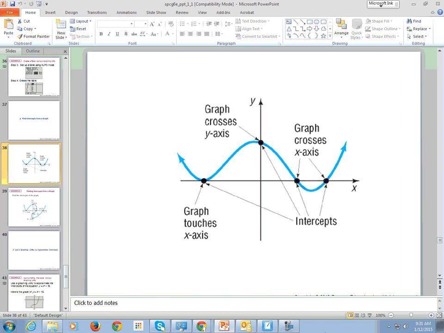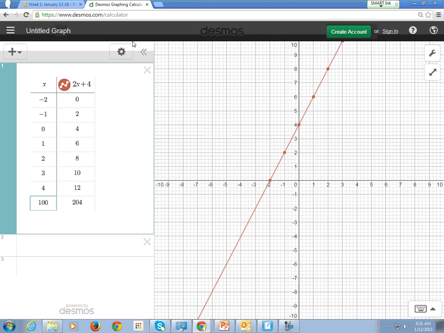Easy peasy, lemon squeezy. To do that on Desmos, all you have to do is click, and it'll tell you what the intercept is. So for this, the x-intercept is -2, 0, and the y-intercept is 0, 4. So you can always use graphing to verify that you've done your math right. Okay.